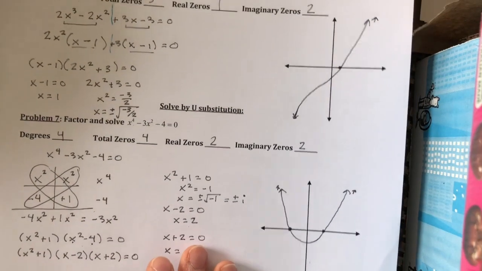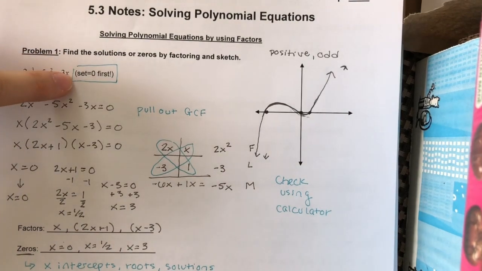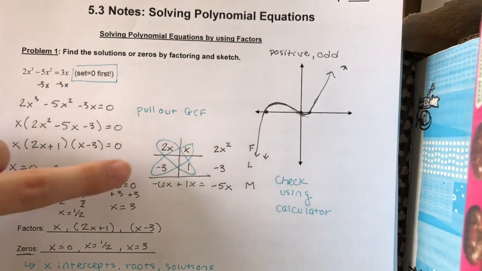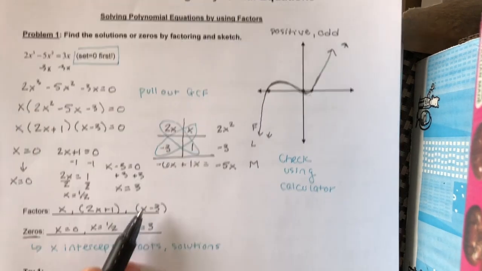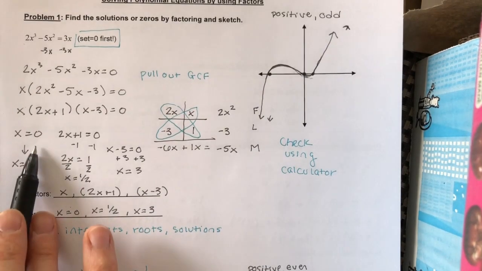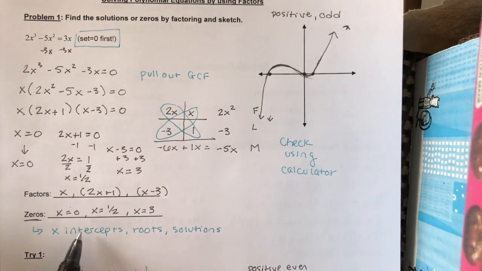So what did we do today? We solved polynomials by factoring. Most important thing was setting equal to 0. Set equal to 0 and pull out the GCF first. Okay, we reminded ourselves that when we set our factors equal to 0, we can find the zeros.